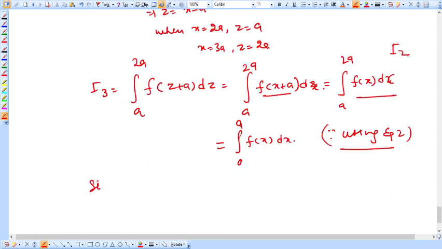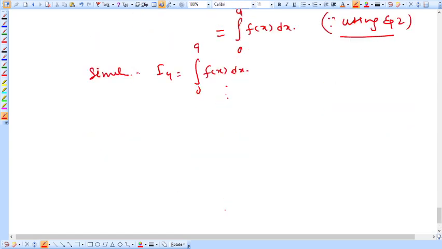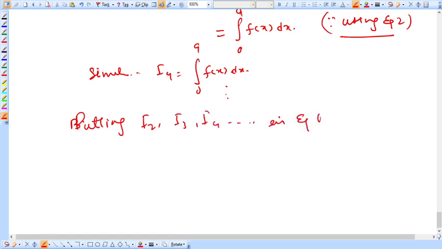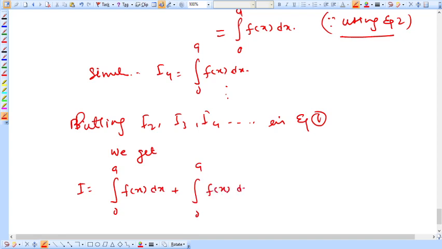Similarly, I4 will also be integral 0 to a of f of x dx, and all the integrals will be equal to this. So therefore, putting I2, I3, I4 and so on in equation 1, we get I is equal to integral 0 to a of f of x dx plus integral 0 to a of f of x dx, okay.